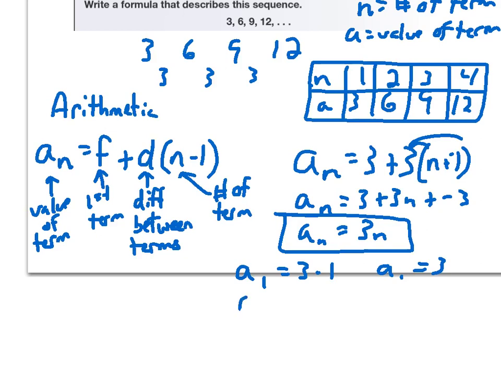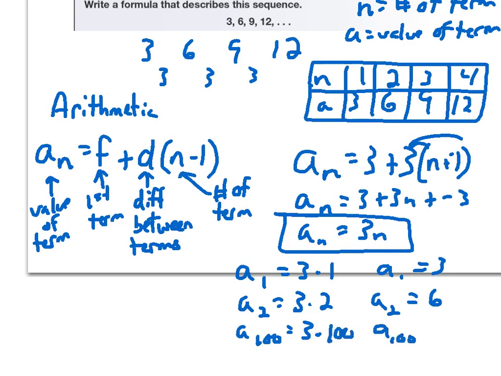The value of the second term should be 3 times 2, which is 6, which is what it was. So if I wanted to find the value of the 100th term, I would take 3 times, what do you think? 100.